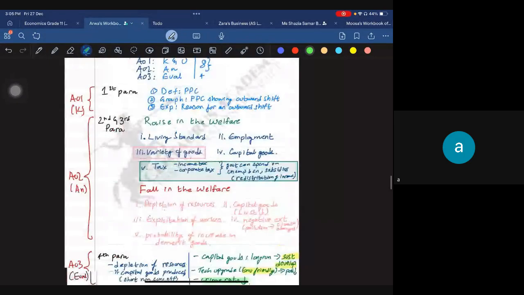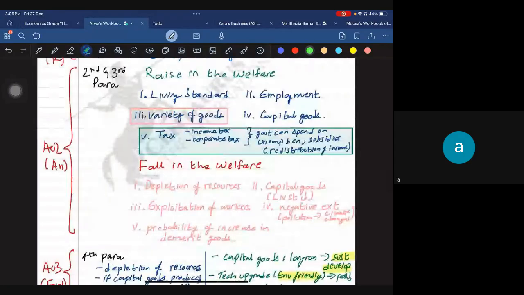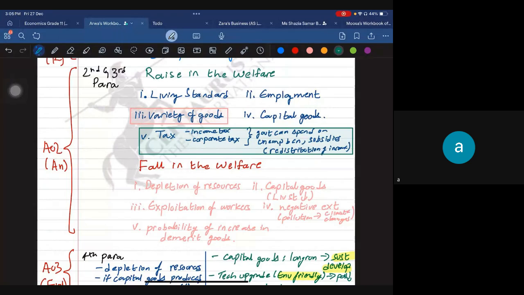Okay, if I ask you to choose the best point and the worst point from the fall in the welfare, according to which you can write more or less in terms of the analysis, which will you choose as the best point?